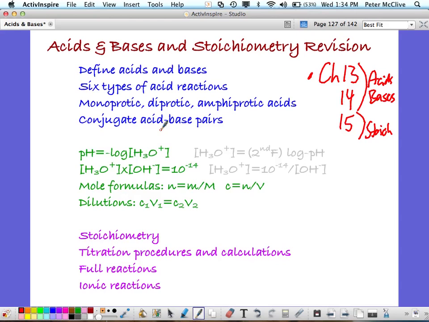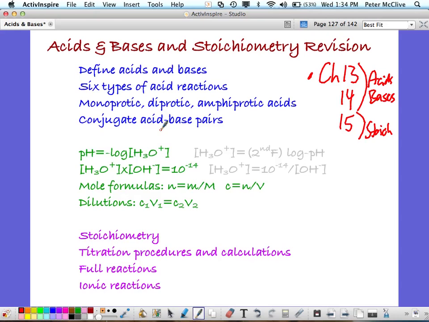And usually in reactions, if they are acid-base reactions, there'll be 2 pairs. And you'll be able to connect those together and say which one's acting as the acid, which one's acting as the base. So we're happy with that stuff? I'll just keep going, and then I guess if you've got any questions we'll come back.